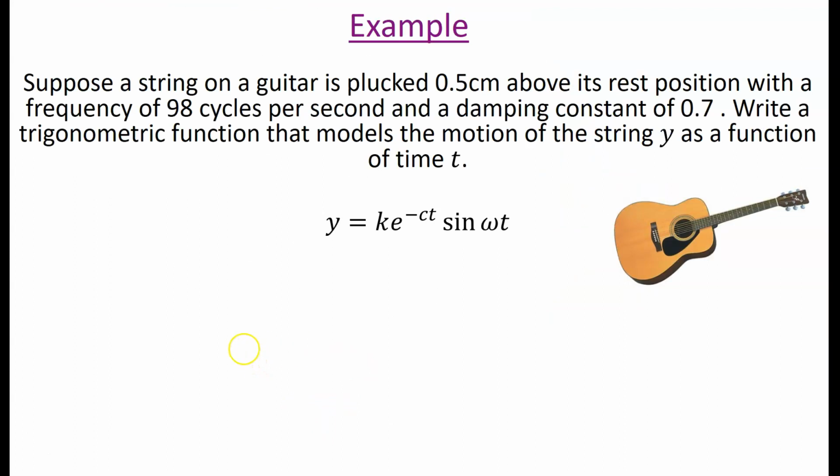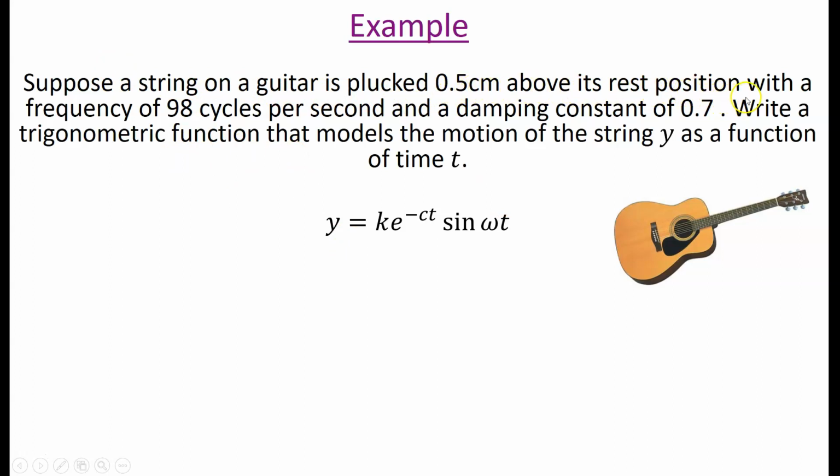All right, let me give you an example here. Here's a guitar. We all know that when you pick a string on a guitar, yes, you hear a noise, but eventually it fades out. And that's what we're talking about today, damped harmonic motion. It's fading out. So let's say we take this guitar string and we pluck it initially at a 1/2 centimeter above its rest position.